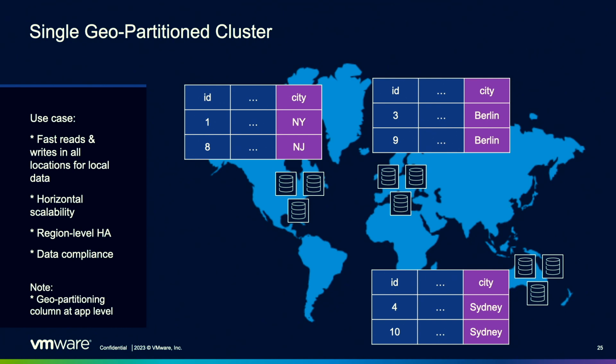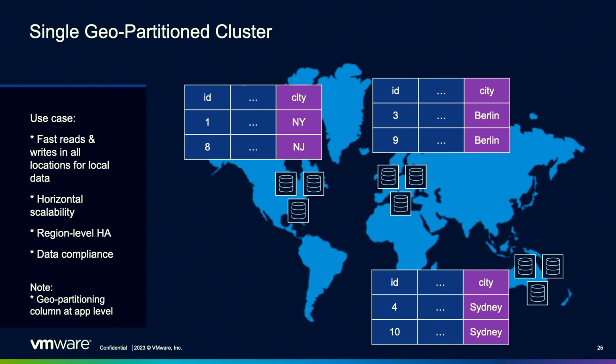Another approach, the last one, if you want to boost performance for both reads and writes, is to use a geo-partitioned cluster. This is supported by distributed databases. The trade-off here is as follows. In your tables, you define a special column called the geo-partition column. It can have any name, literally, and it can have any value.